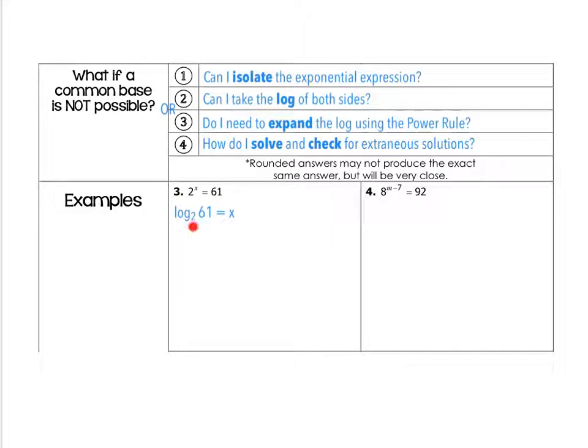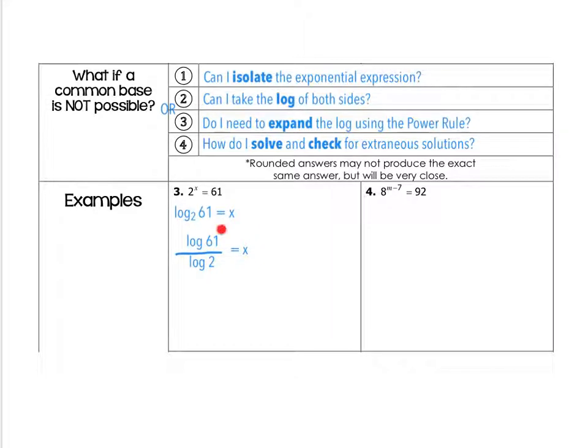But in our calculator, we don't have a log base 2 button. Our log button only does a log base 10. If you remember back to our introduction to logs, we used the change of base formula. So I can rewrite log base 2 of 61 as the log of 61 over the log of 2 equals x.